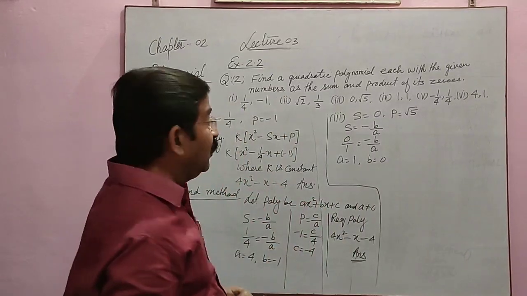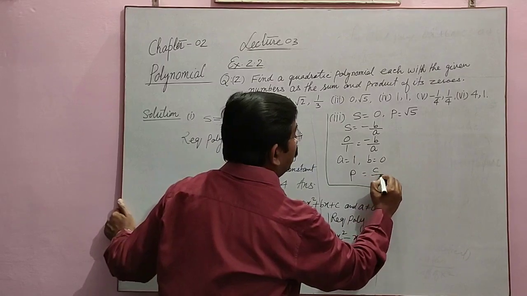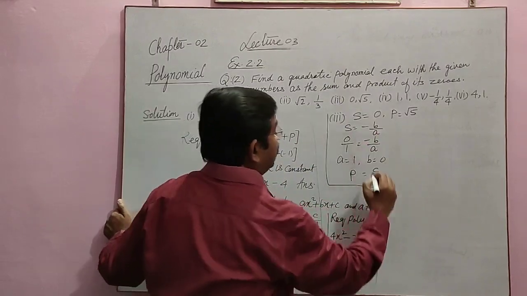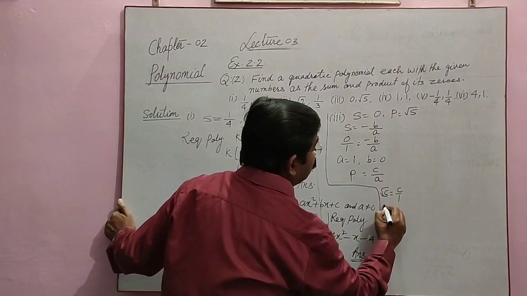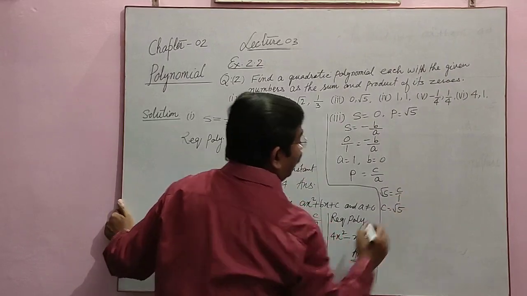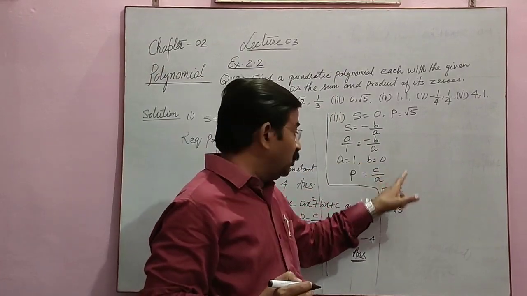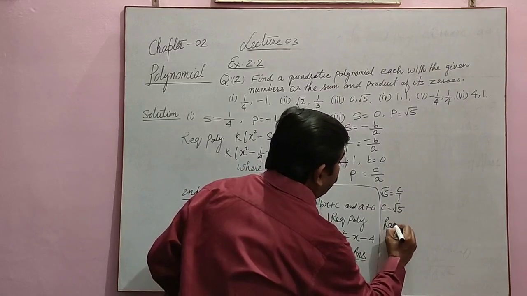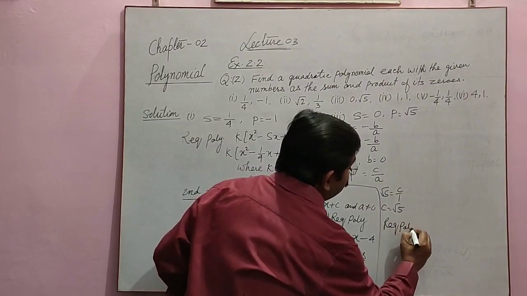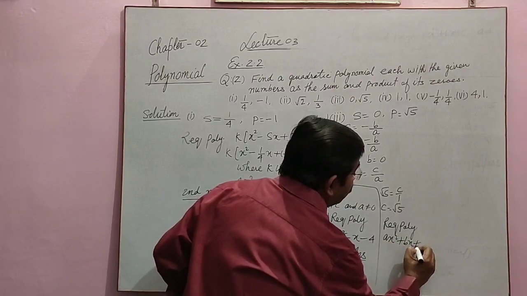So compare this. What we have, a is equal to 1, b is equal to 0. Let's find the value of c using p is equal to c upon a, and the product is given as root 5, so root 5 is equal to c upon 1. So c is equal to root 5. So we have got a is equal to 1, b is equal to 0 and c is equal to root 5. So the required polynomial is ax square plus bx plus c.